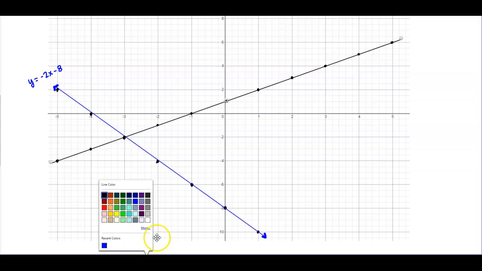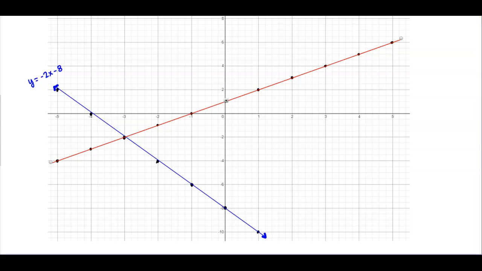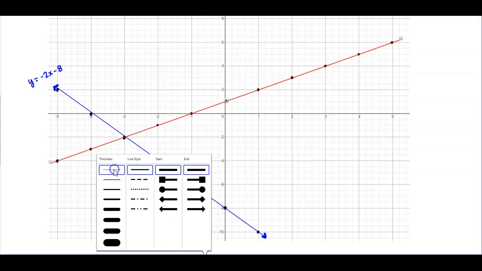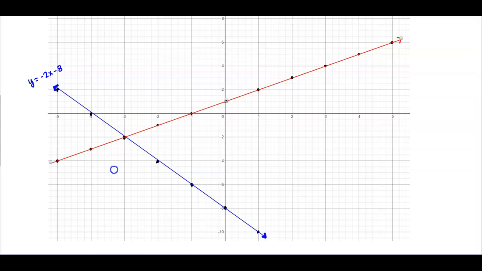Okay, and we're going to make that, let's say, red. And then let's make sure we have some arrows here at the end. And this means that our graph now is y equal to x plus 1.